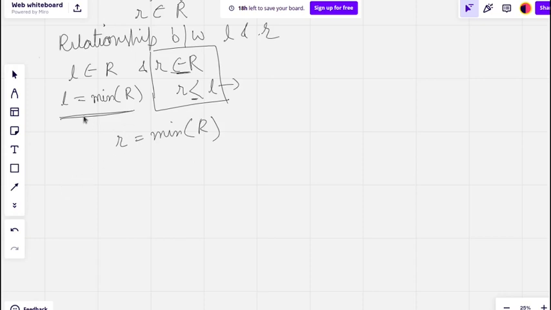But we know that L is the minimum of the set R. So this deduction that R is less than L is wrong, and hence we reach a contradiction. R is less than L is not possible.